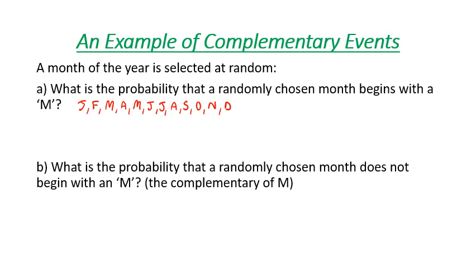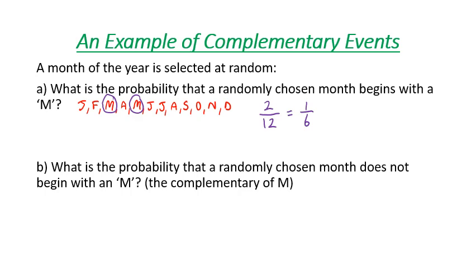Now I'm going to circle the months that start with the letter M. So that gives me a 2 out of 12 chance, or if I simplify that, 1 out of 6. So there's a 1 out of 6 chance that I'm going to randomly select a month in the year that starts with the letter M.